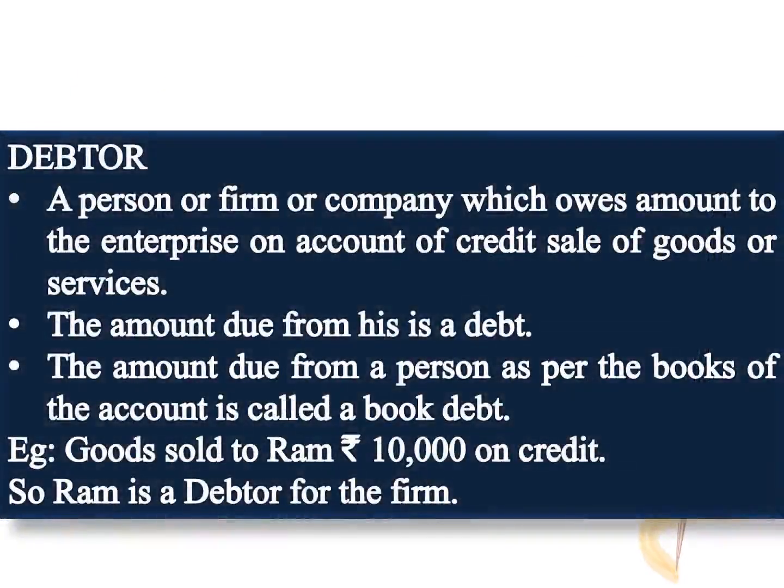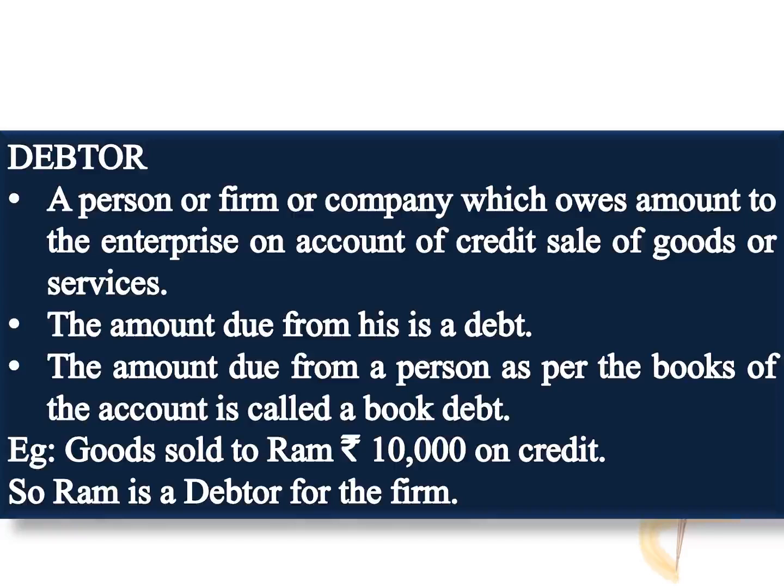Next is debtor. A debtor is a person or firm or company which owes an amount to the enterprise on account of credit sale of goods or services. When we sell goods on credit, the person to whom we have sold goods on credit is known as a debtor for the firm.